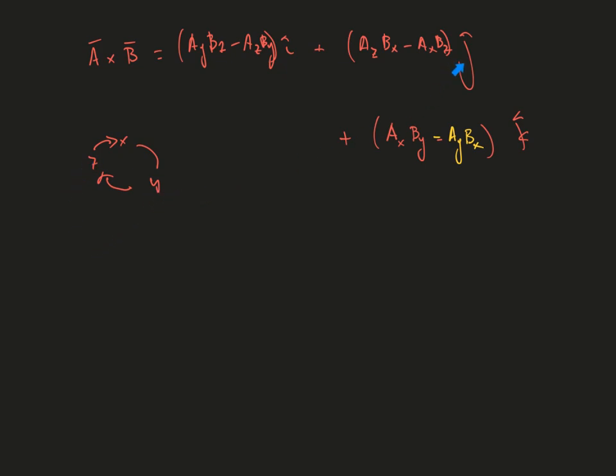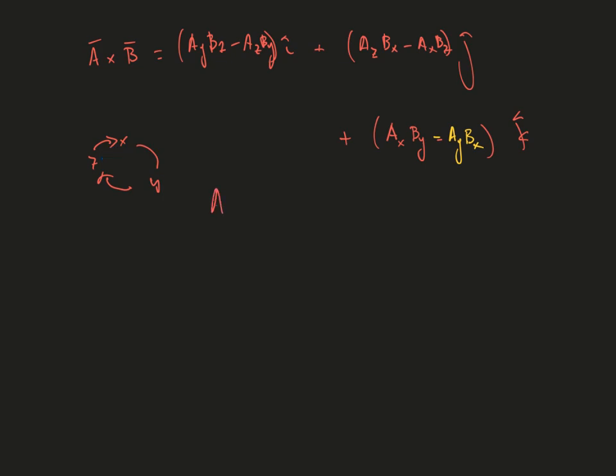If I go to the J component, that is the Y, I start with the next one, Z: AZ BX, AX BZ. Yes, it works. If I go to the K component, I go to the next one, X: AX BY, AY BX.